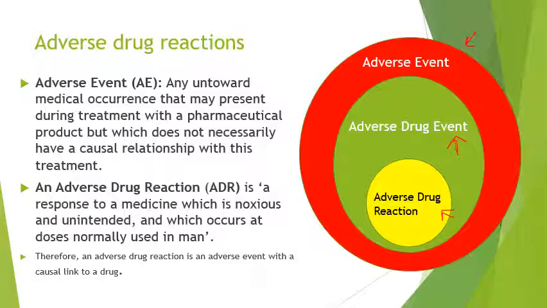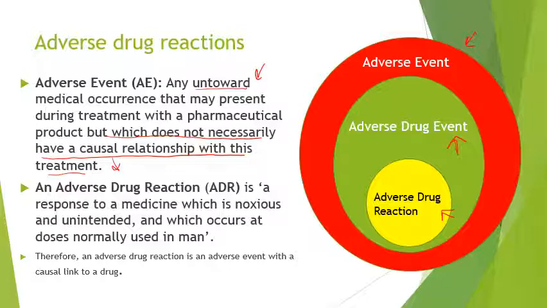An adverse event is any untoward, meaning unwanted, medical occurrence that may present during the treatment with the pharmaceutical product, but which does not necessarily have a causal relationship with this treatment. Causal here means that the pharmaceutical product may or may not have caused this untoward medical occurrence. So this is an adverse event.